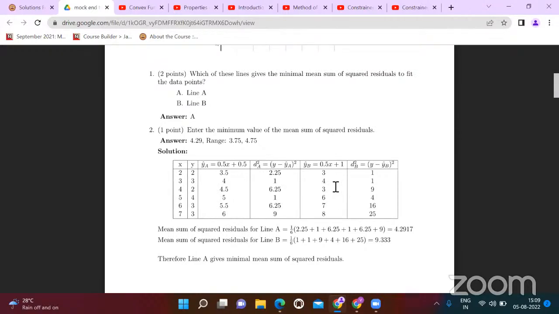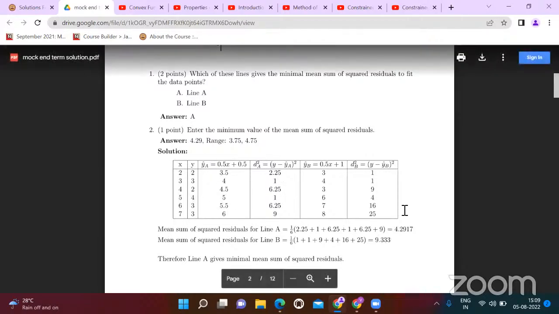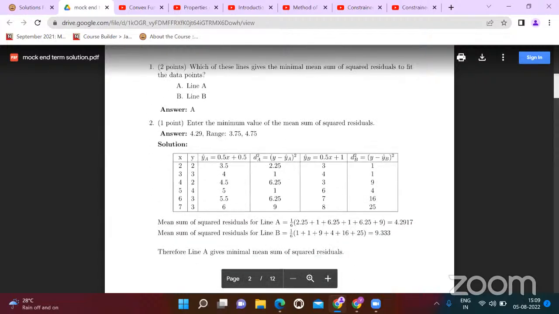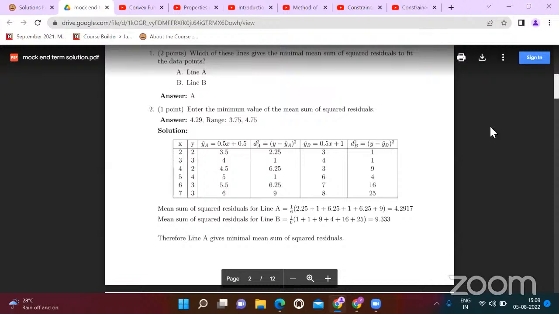I'm getting 1.5 and the values further down are different for me. What I am getting is very different. Maybe we can discuss it at the end. I'll solve it, then we'll see whether the given answer is correct or not.